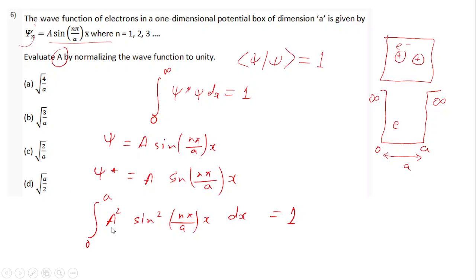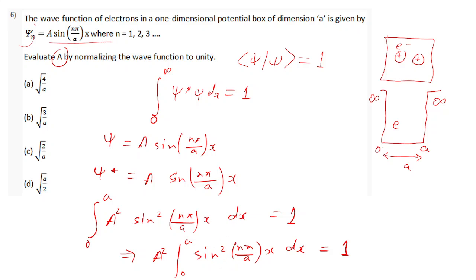When we do that, A square I can just take out of the integral because it's a constant. So this will be A square times the integral of sine square n pi by a multiplied by x dx, which we equate to 1, with limits from 0 to a. Now we need to simplify this so that we can integrate.